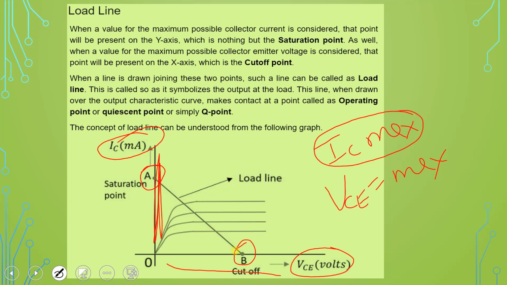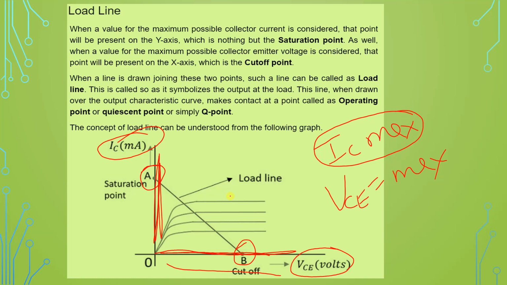Why cutoff point? Because this is in the cutoff region. That is why I explained the three regions: cutoff region, saturation region and active region. The point in the cutoff region is called the cutoff point, the point in the saturation region is called the saturation point, and if some point comes under the active region, that is called the active region point.